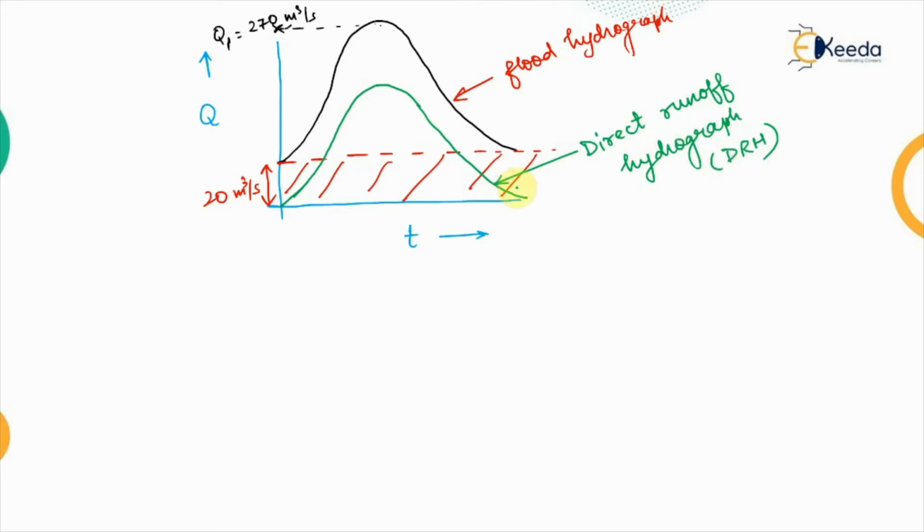Now this direct runoff hydrograph will have its peak with the deduction of this base flow, which is equal to 20. Therefore, the peak of the direct runoff hydrograph is equal to 270 minus 20, and that will be equal to 250 cubic meter per second.